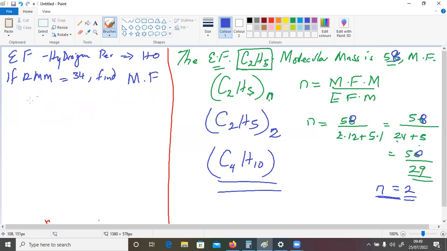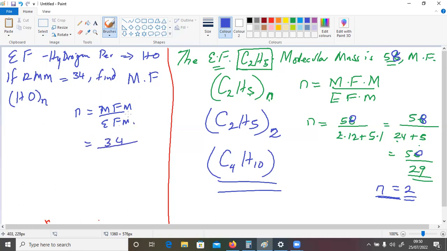Again, we'll say that the molecular formula is HO multiplied by a constant n, but n is equal to the molecular formula mass divided by the empirical formula mass. And what is our molecular formula mass? We have been given it's 34.